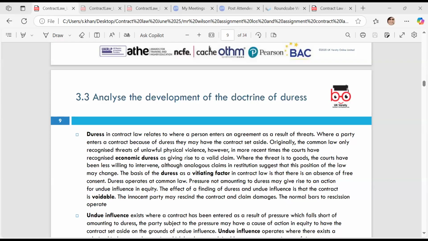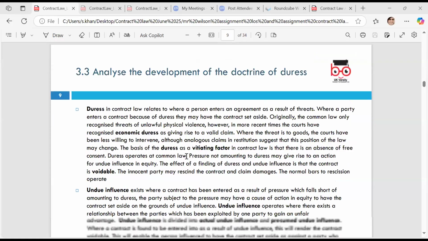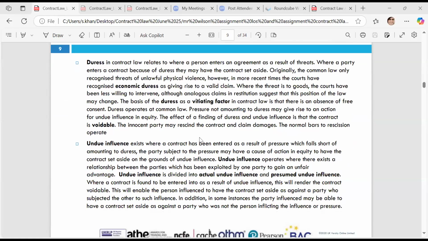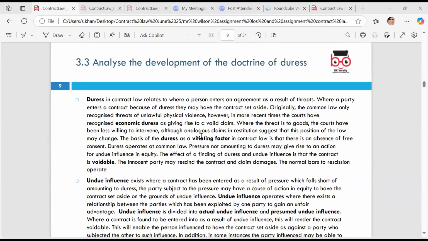It could be any elements of that, someone threatening you to enter into a contract. There's a lot of threat that goes on and undue influence that happens due to people trying to enter into contract. And these, duress and undue influence, are legal doctrines that can invalidate the contract.